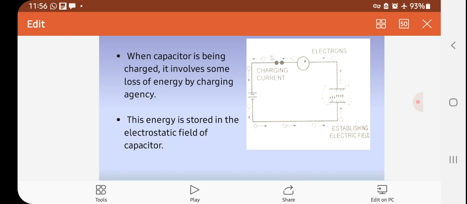Let at any instant of charging, the charge on the capacitor be q coulombs, and the potential difference across the plates be v volts.